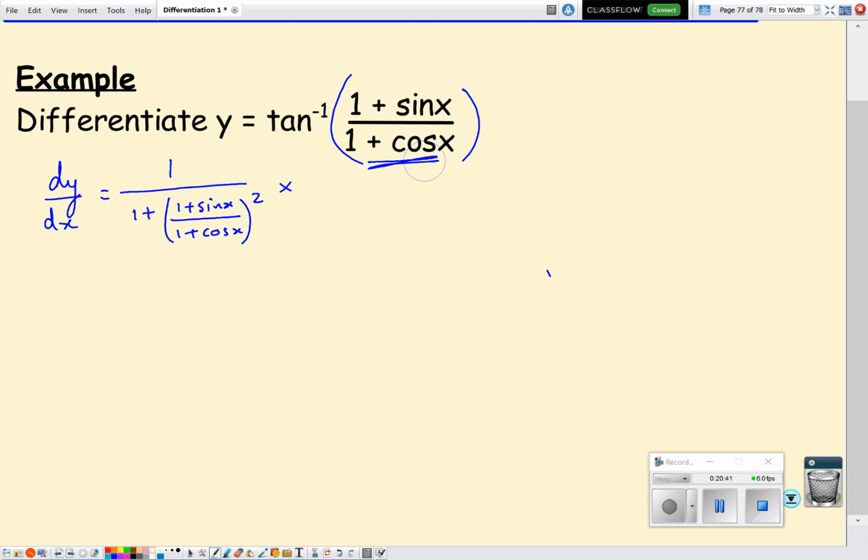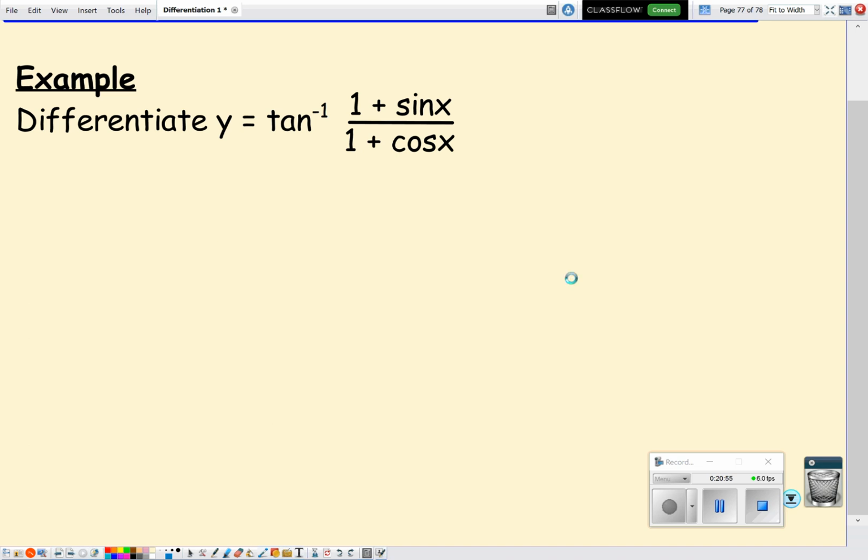So this is a classic example where you have to really help yourself by using the notation for the chain rule and planning this out. Let's start with letting u equal 1 plus sine x over 1 plus cos x.